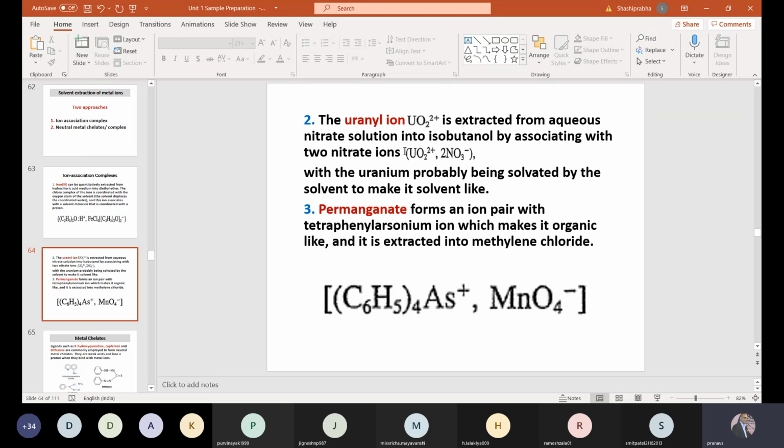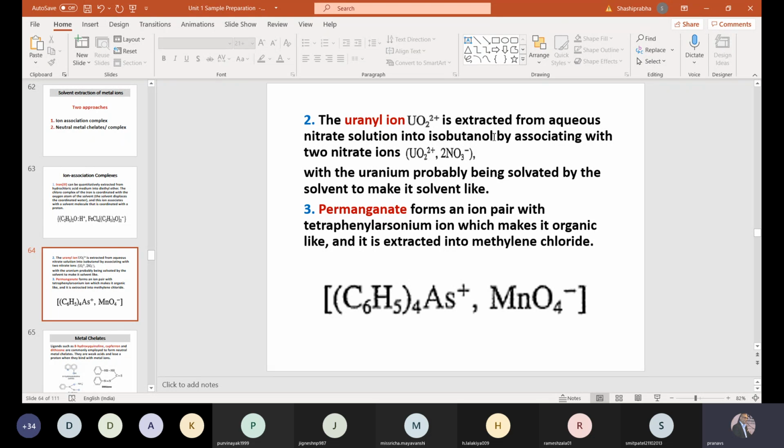So it gives rise to a bulky organic species which contains uranyl ions, and this goes into the isobutanol solvent system, and thus it is possible to extract uranyl ions. Otherwise, uranyl ions are very tough to extract.